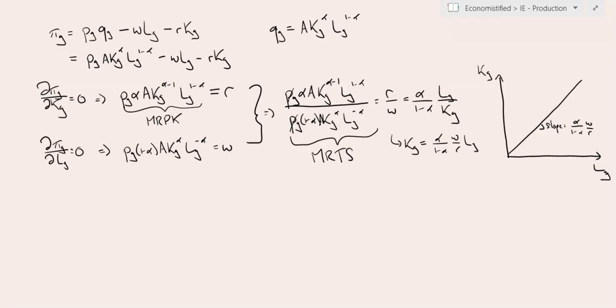We can also rearrange the first order conditions to tell us a little something about the share of factor income. So if we take our first order condition for capital, for example, we can rewrite it as, okay, and we can rearrange this to give this.